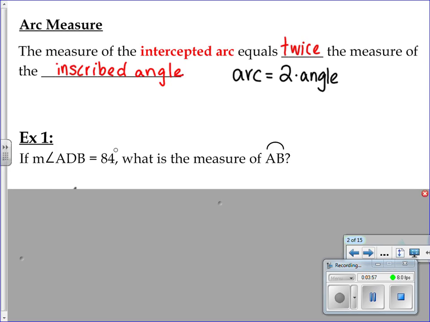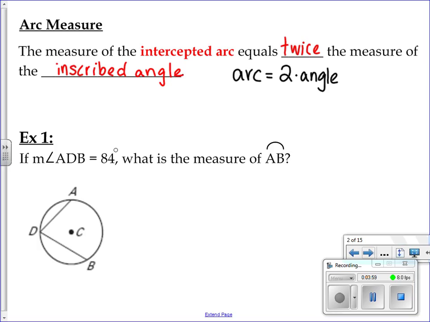So let's take a look at example 1 here. You guys have an inscribed angle, ADB, and we're actually given that the inscribed angle is 84 degrees. Knowing that, we're going to find the measure of arc AB.